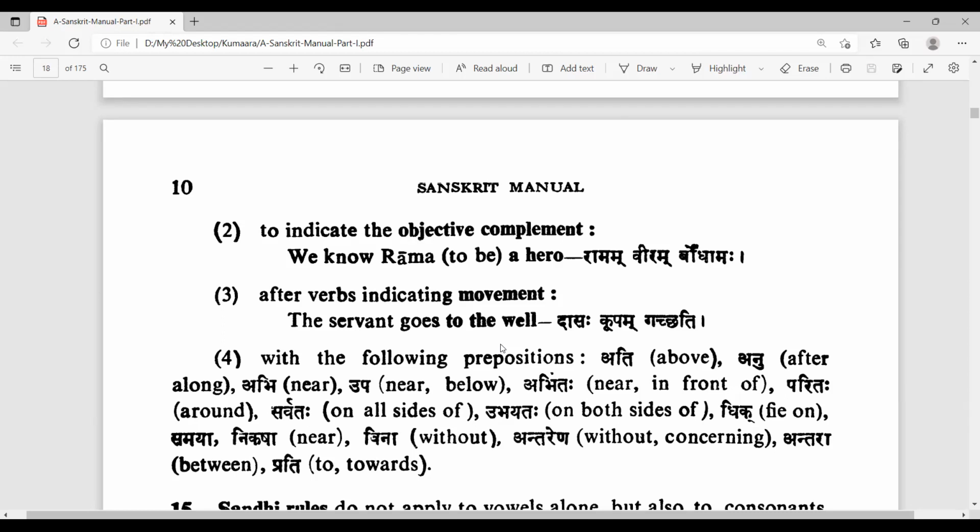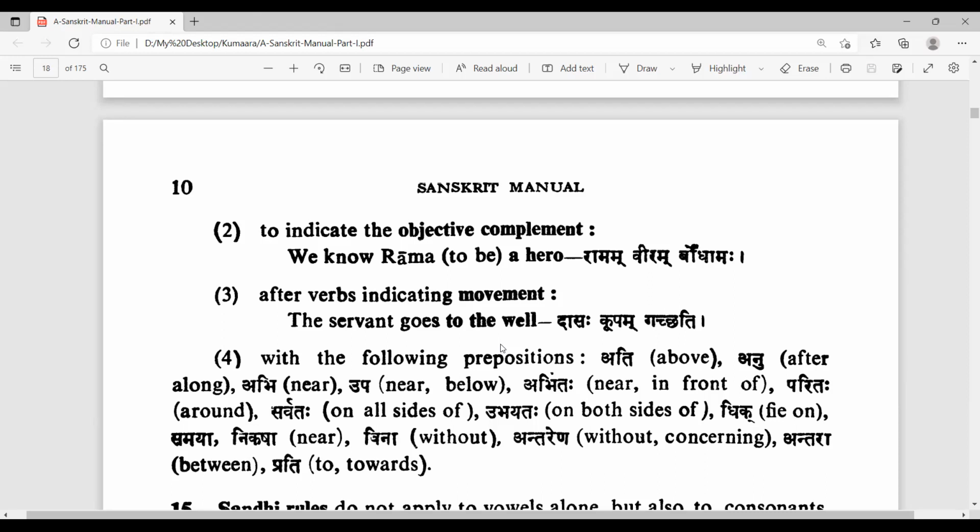Kupa is the direct object for the Gamana Kriya. He has given the declensions for Kupa before, so he is using the same thing. Kupam gachati. The servant goes to the well. So after the verbs indicating movement, Gatyarthaka, all the Gatyarthaka dhatus can take karma.